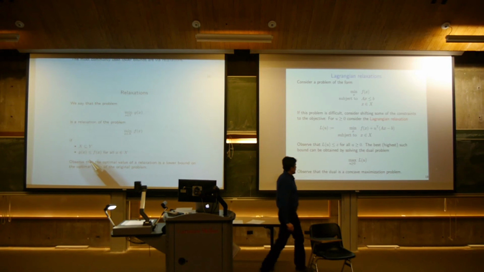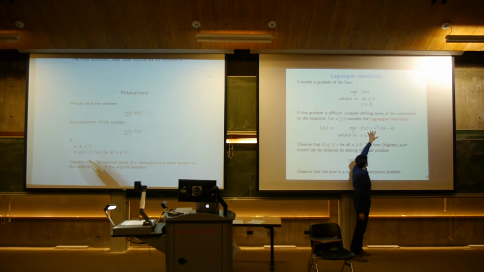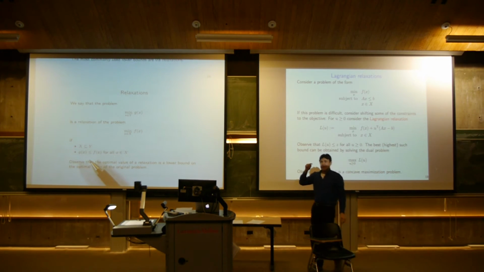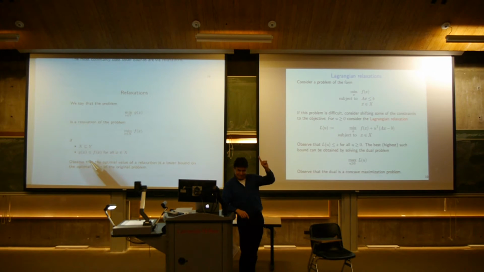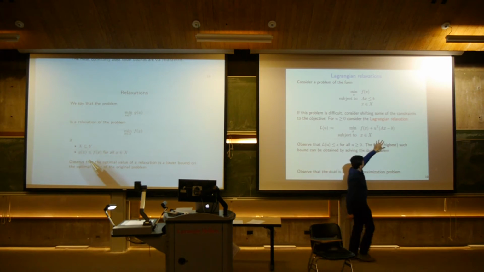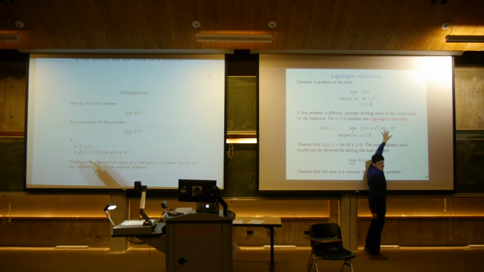If you look at the objective, it's not the same as the original objective, right? Because it contains this extra term. But if you look at the original objective at a feasible point, then at a feasible point, this difference is negative.